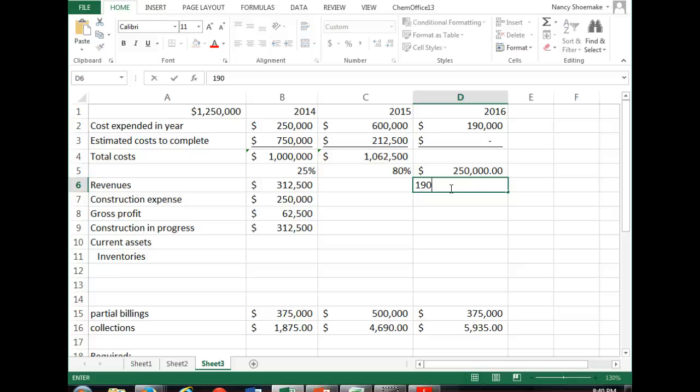The 190,000? What would our profit be in that year? Would it be 60,000?